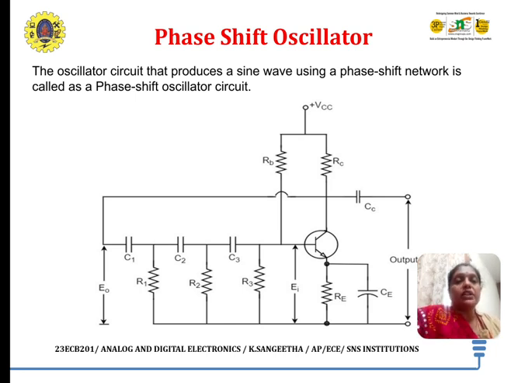The working principle of phase shift oscillator is, when we switch on the oscillator, the feedback network produces oscillation due to the thermal agitation of components. It is given to the transistor, that is the amplifier, at the base, and it produces the amplified and phase shifted output at the collector. This is the working condition of phase shift oscillator.